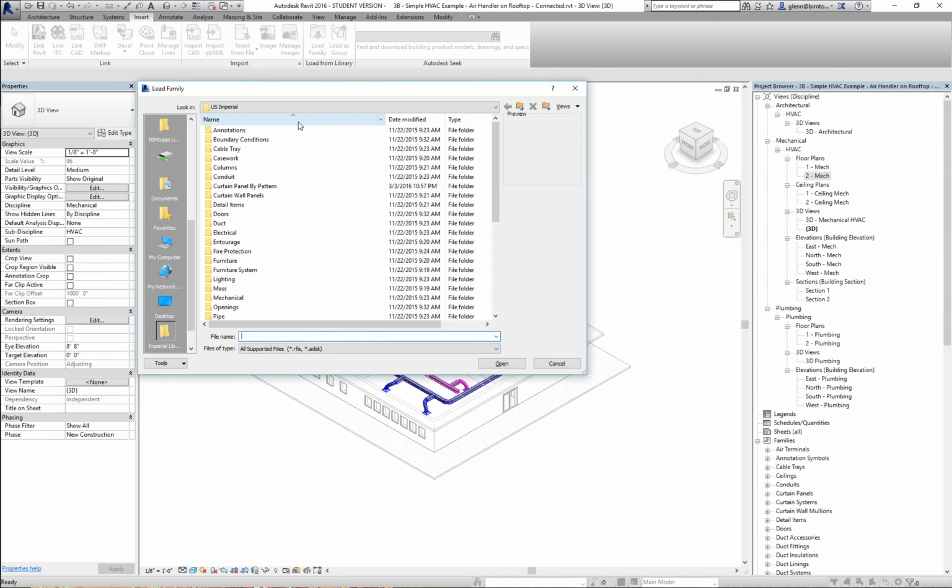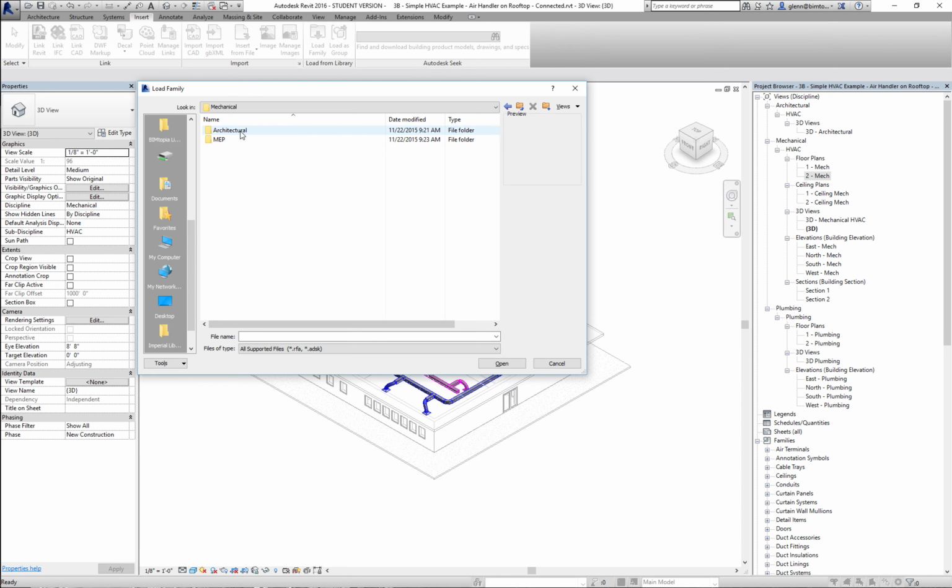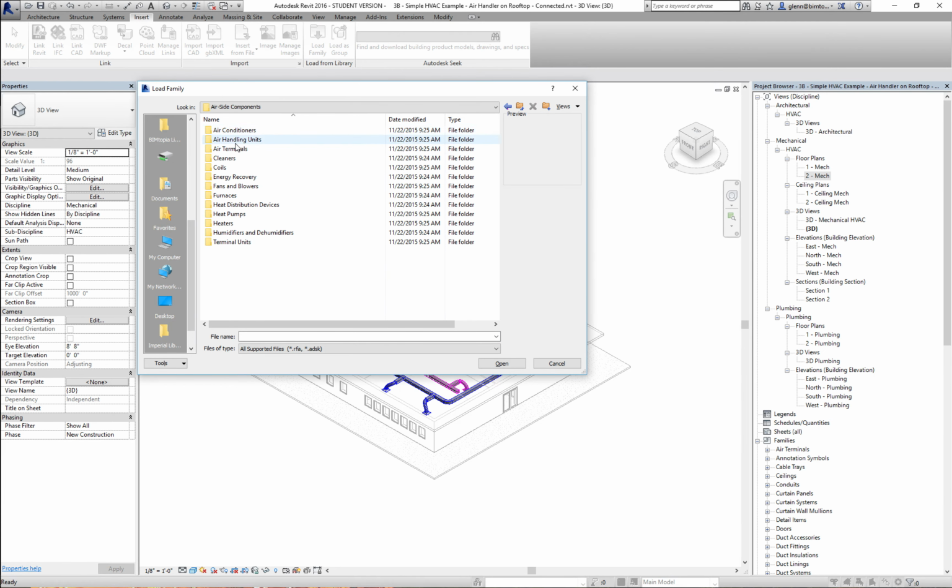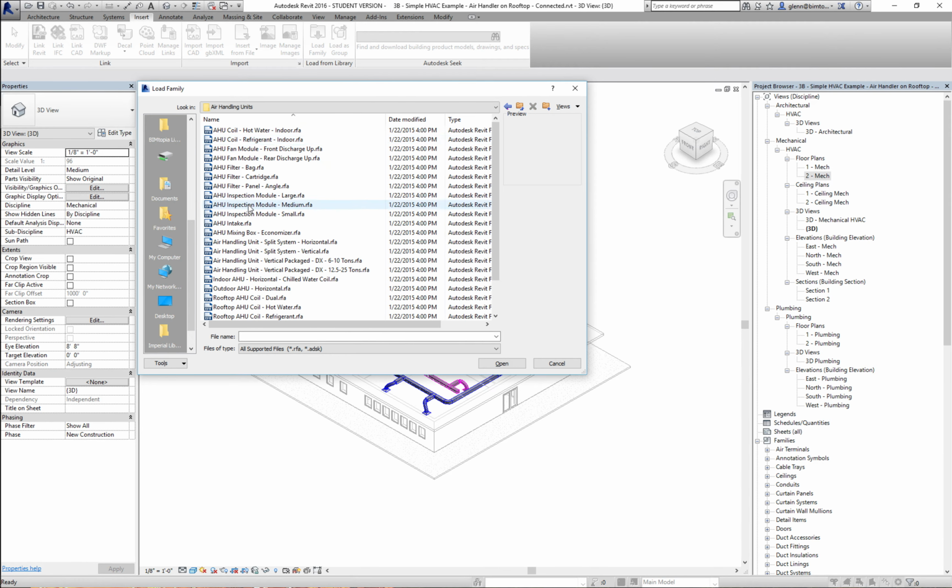You'll find them all where they live, out there in the library under mechanical, MEP, air side components, and they have a bunch of different types in here. We have all sorts of individual pieces, like coils and front discharge units, and they have these big mixed ones.